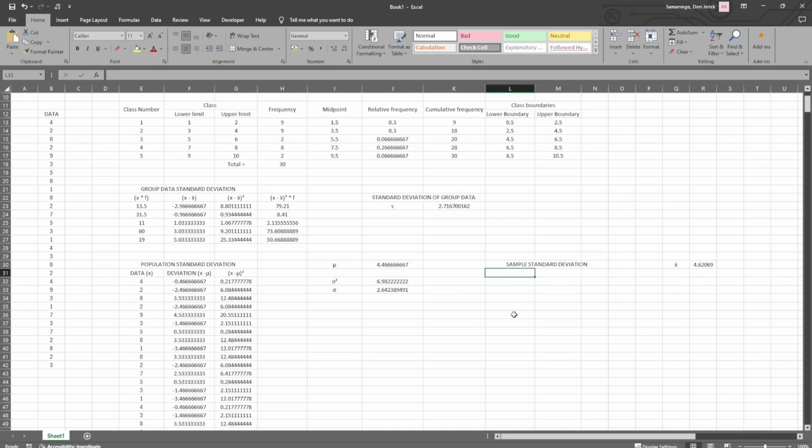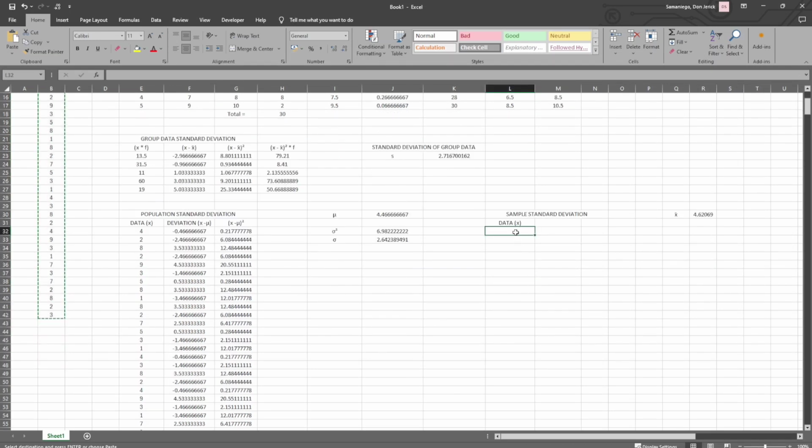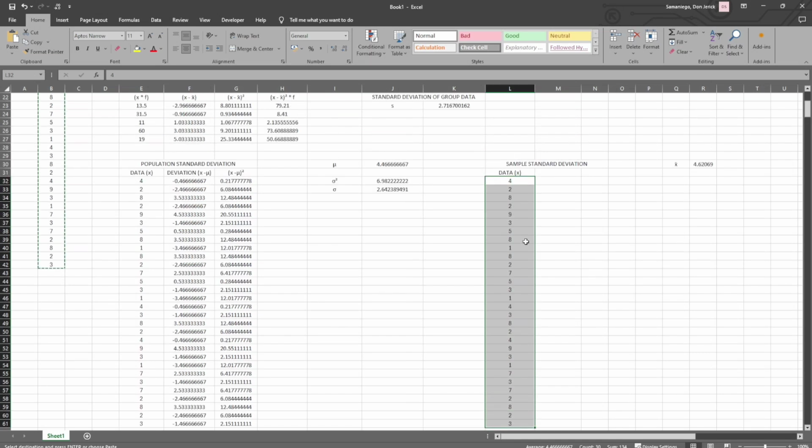The next is now we can get the data x. The data x is simply equal to, we only need to copy that and then put the data x.